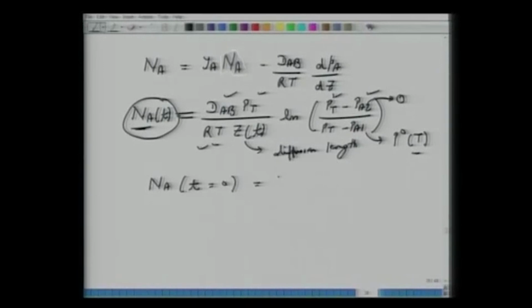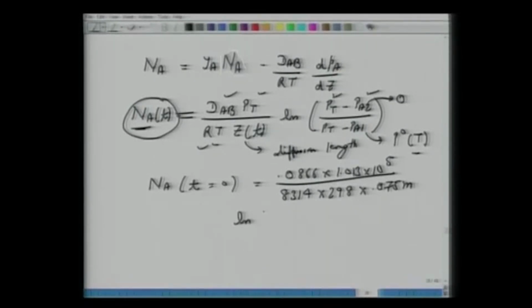DAB is given as 0.0866, total pressure 1.013 10 to the power 5, divided by R 8314, 298 into Z, which is 7.5 centimeter, or 0.075 meter, ln of 1 minus 0, if we divide by Pt, 1 minus the vapor pressure 0.1264 divided by 1.013.